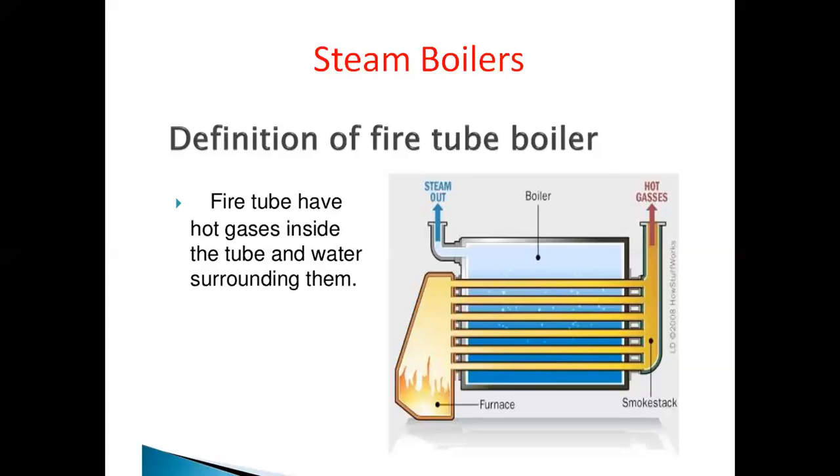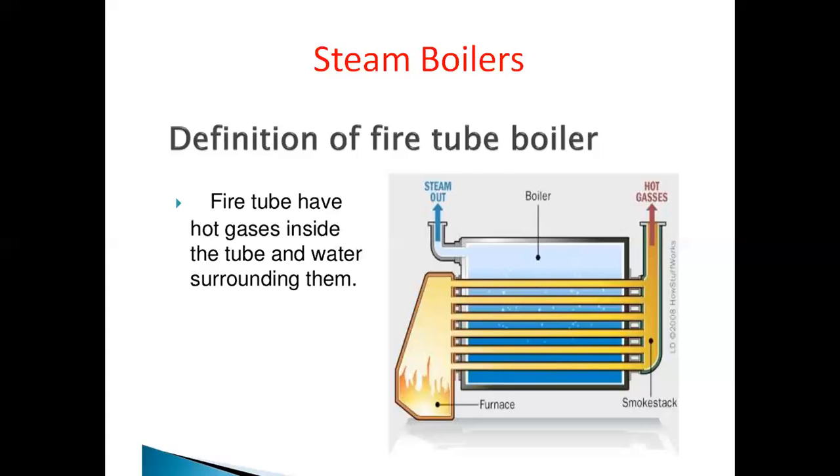These are the requirements of a good boiler. Then we discussed the selection of a boiler. The first factor is operating pressure. Boilers produce steam at a certain pressure and temperature, based on our requirement.